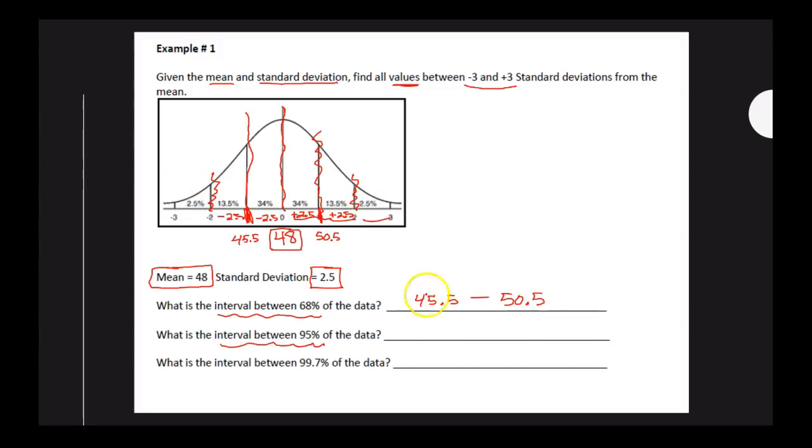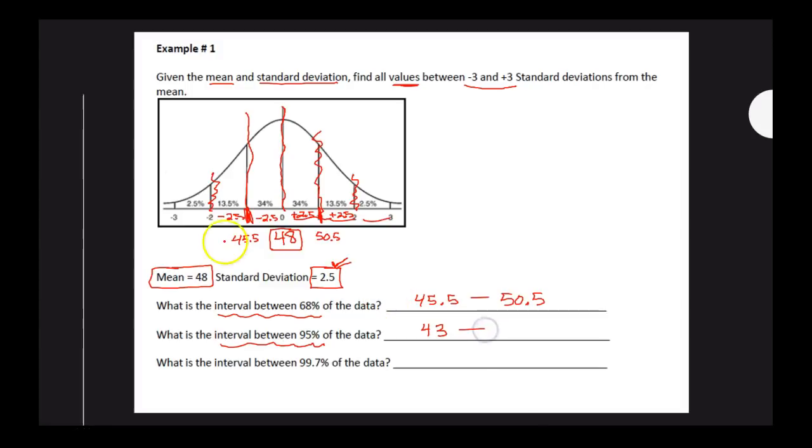We can use this number here, the 45.5, and subtract another standard deviation from it. The standard deviation on this problem, remember, is 2.5. So 45.5, take away another 2.5, will give us 43 even.